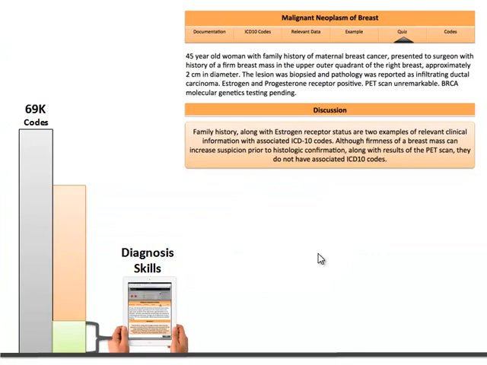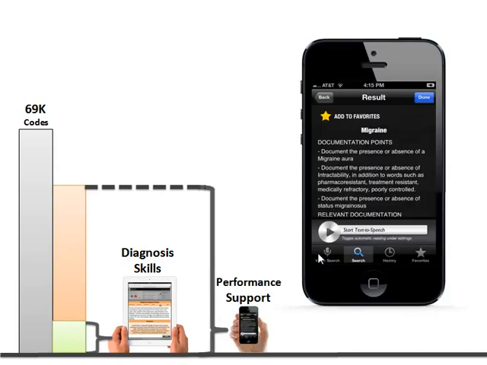Of the 69,000 possible ICD-10 diagnosis codes, your assigned training covering your top 20 to 40 diagnoses will cover hundreds of codes. Despite this, always remember that your focus primarily should be on ICD-10 documentation requirements, not memorization of codes.